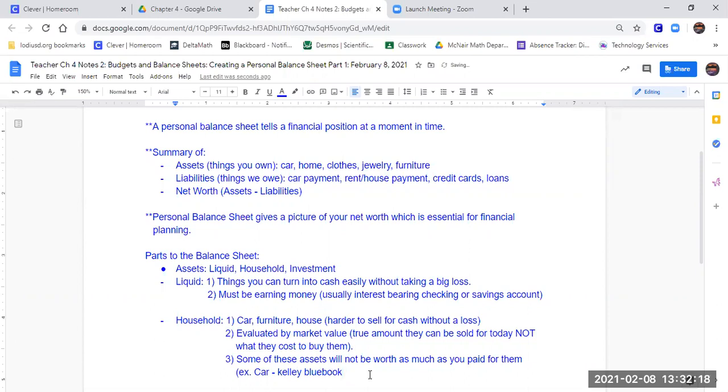They used to actually have a book, and it was blue. That's why it's called Kelley Blue Book. It's a company that would go do research on valuations of cars. But now they have a website, kbb.com. That is one of the ways that you can find the value of your car.